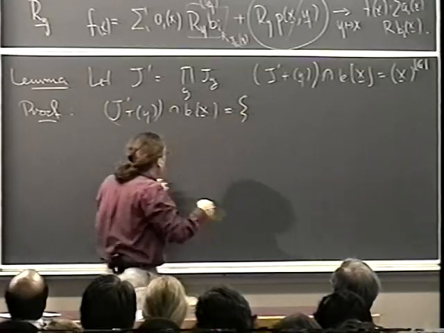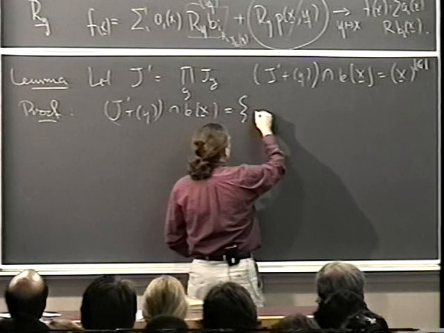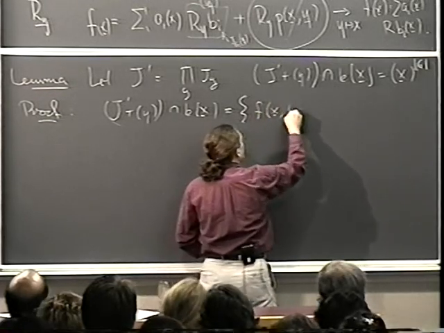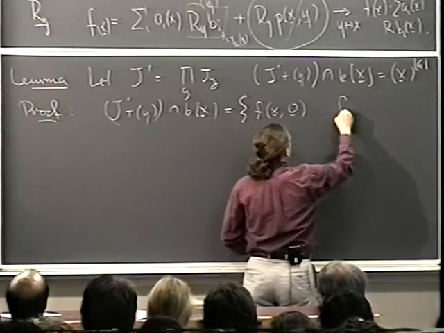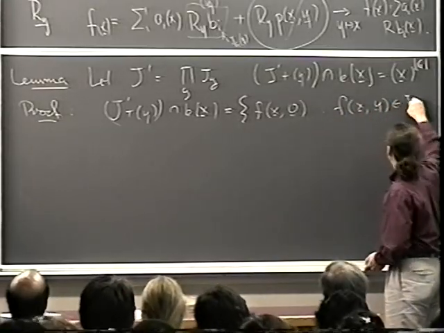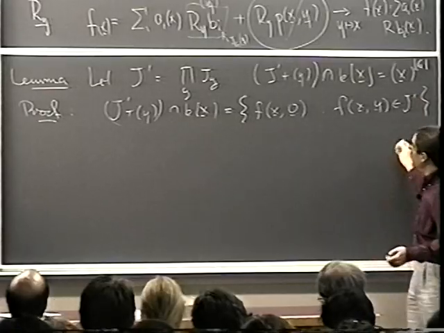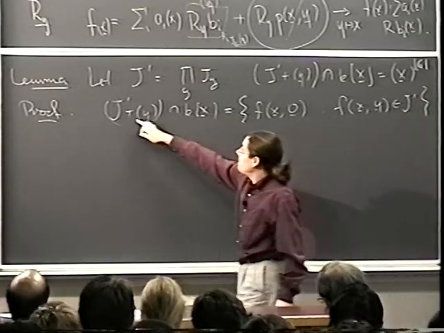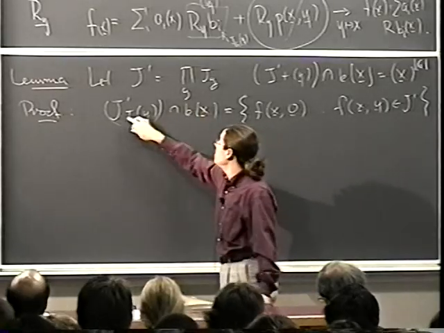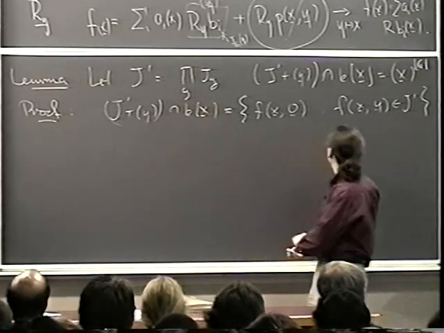And this is true for any ideal J prime. It's the set of all polynomials in x that you can get as f of x comma 0, where f of x comma y is in J prime. Right? I mean, in effect, what this says is to get a sort of canonical representative of this in x, you set the y's equal to 0.